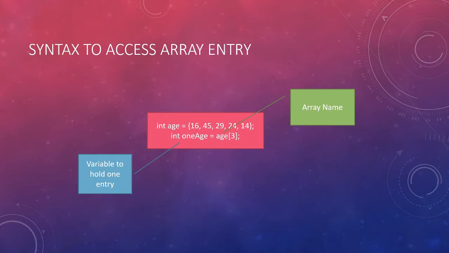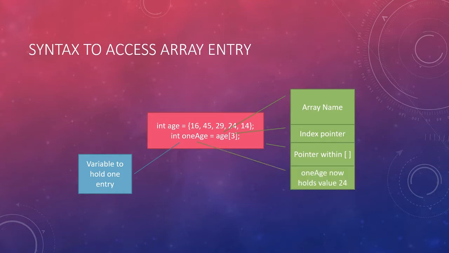Now, to set that variable equal to a value from our array, we would specify our array name, followed by the index pointer value of the entry that we want to use, and our pointer value would be within our square braces. When we have done processing this statement, our 1age variable should hold the value 24, which is 0, 1, 2, 3 entries within our age table.